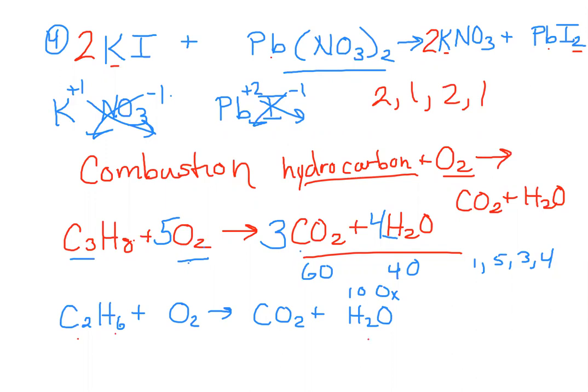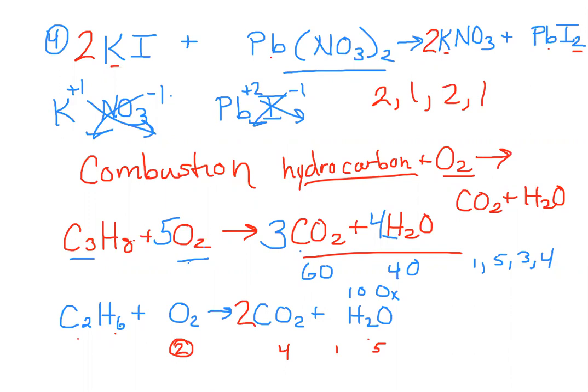If we started by putting a 2 right here, so our carbons are all set, then our oxygen, we only have 2 oxygen over here. Over on this side, we have 4 oxygen plus 1 oxygen, which gives us 5. Since this is an even number over here, we're never going to get an odd number. So somehow we have to make this over here even.